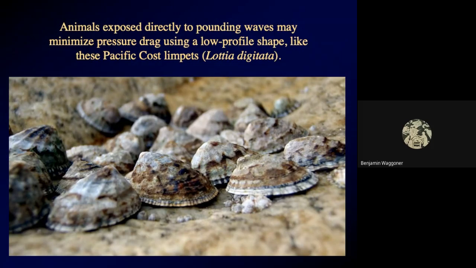Remember, pressure drag is caused by current hitting something. So if you're living on a rock and a wave hits you, that's the force that tends to push you off the rock. And you can minimize pressure drag with a nice low streamlined profile shape like these Pacific Coast limpets, Lottia digitalis.